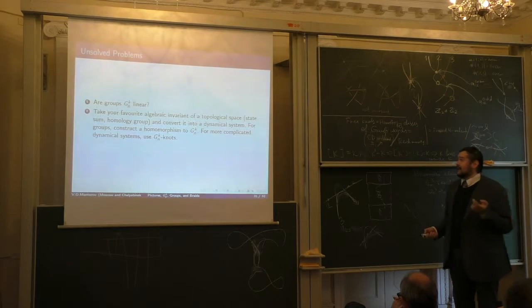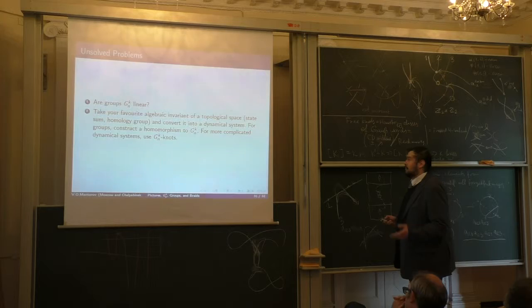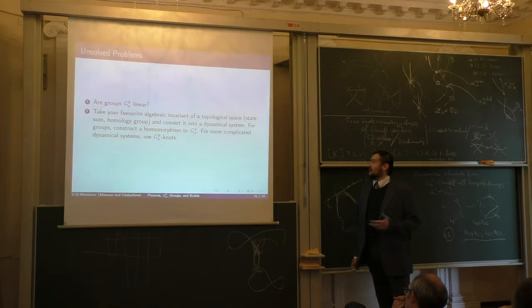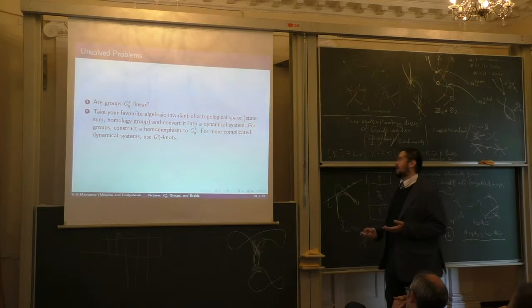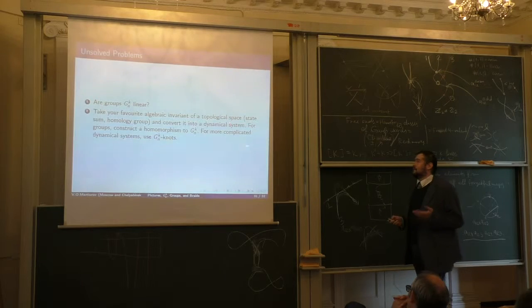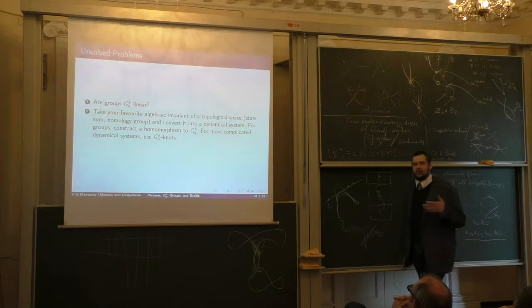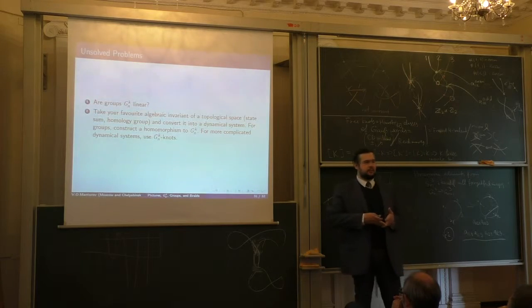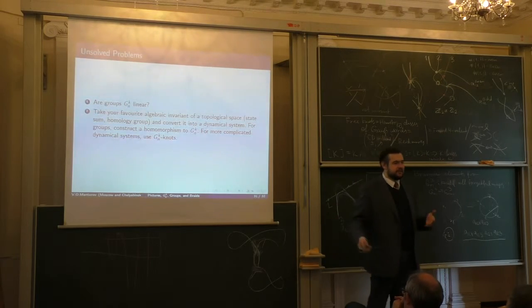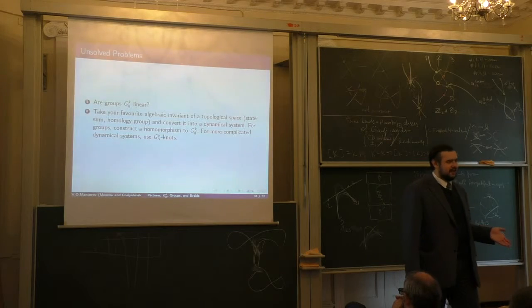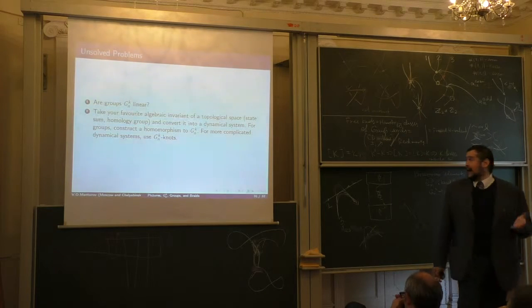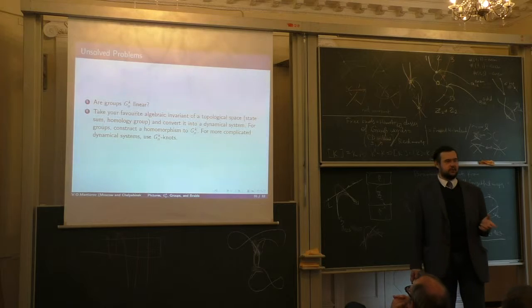And the second problem is not a problem, but possibly a suggestion. Well, take your favorite invariant of some topological space. Say some homology group or something which is expressed as a sum of numbers, units, whatever. And try to plug in pictures into that.